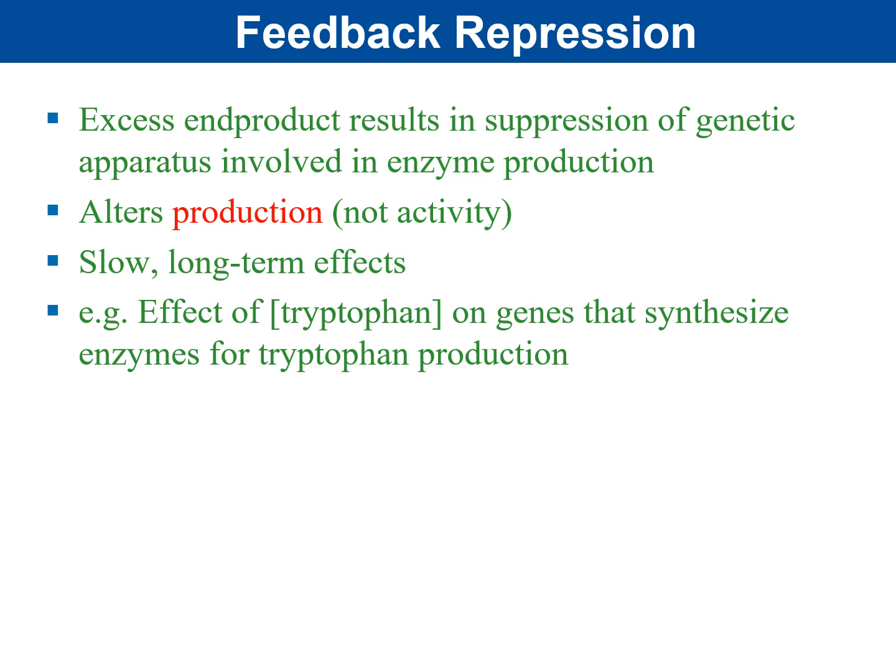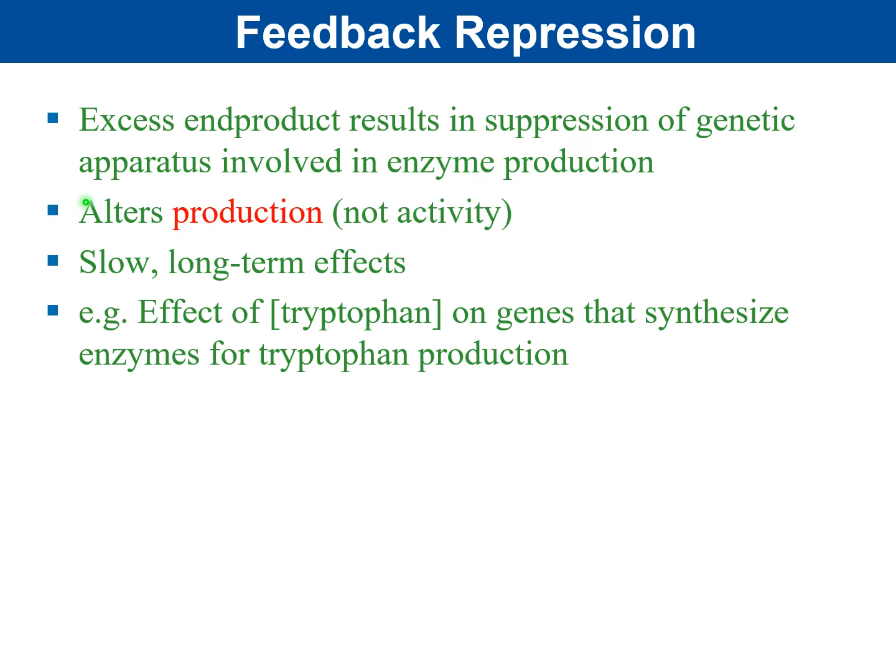This is a phenomenon that's outlined here in this set of bullet points, in which we could have an excess end product of some sort that would build up in a cell and suppress the genes, the genetic apparatus involved in what those genes produce, which in this case is described as enzymes that are produced.